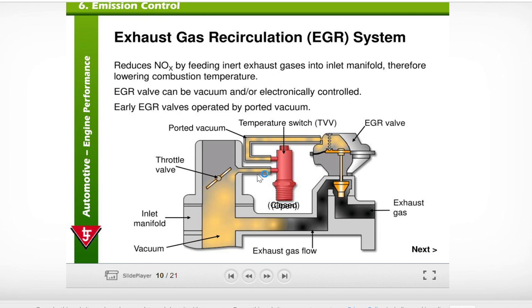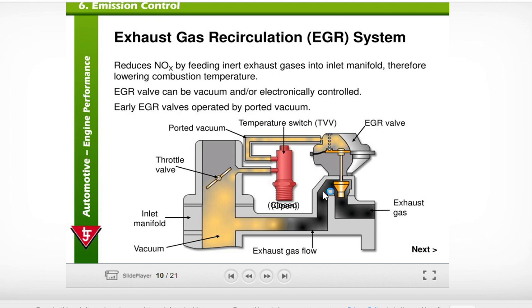Of course, this looks like a manual mechanism that does not have an ECU, but it's dependent on a temperature switch. So when the temperatures of the exhausts are high, or the combustion temperatures run high, this switch is open and allows vacuum, the depression from the manifold, to go through the switch and suck onto the diaphragm, therefore pulling this valve up to allow exhaust gases to flow from this direction.